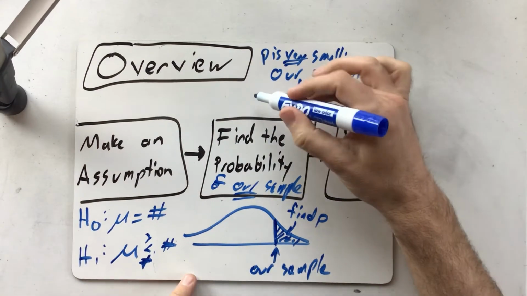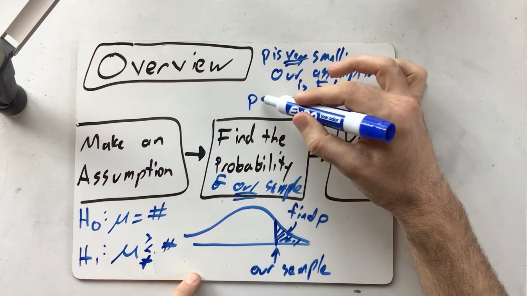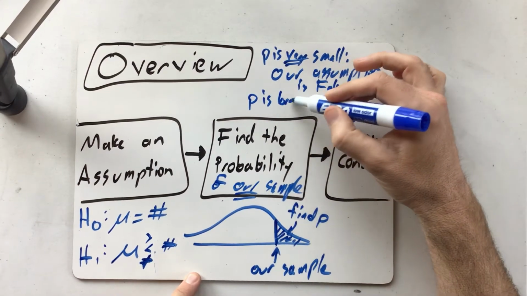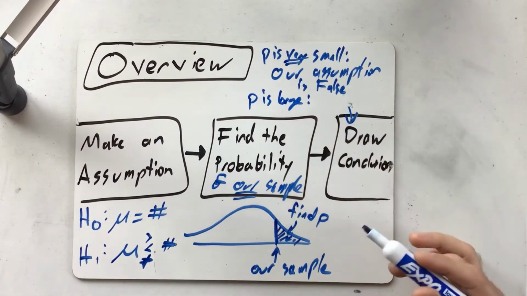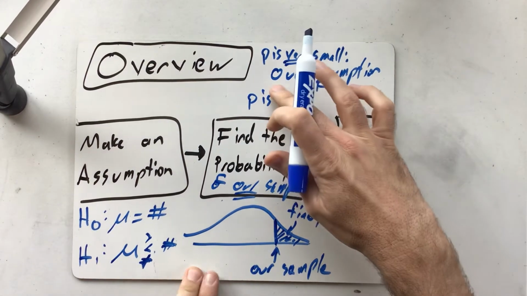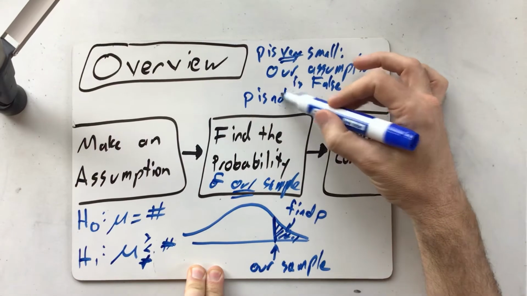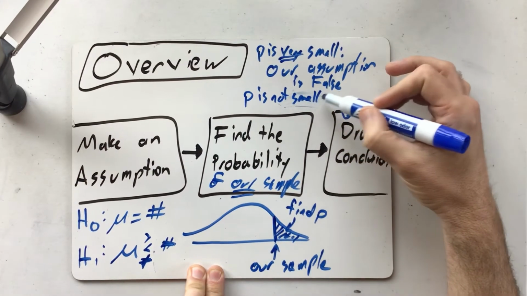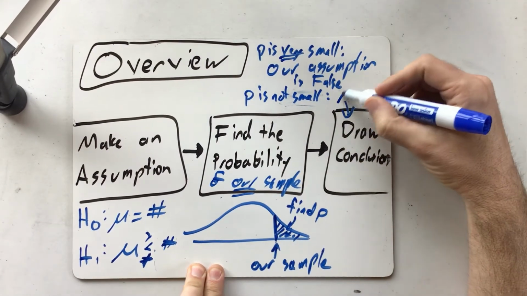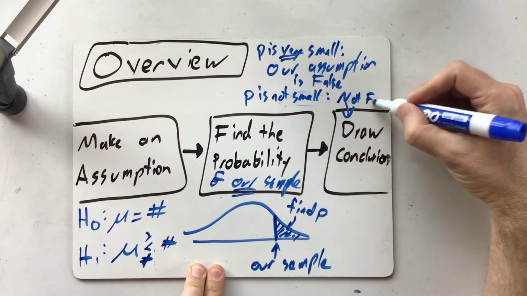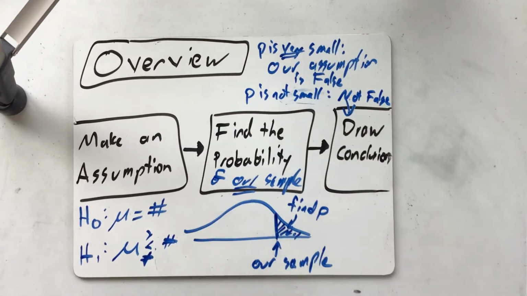Now, if P is not very small, I'm going to say large, but maybe I'll just say not small, then we'll assume our assumption is not false. I'm not going to say true. So this is an important distinction.